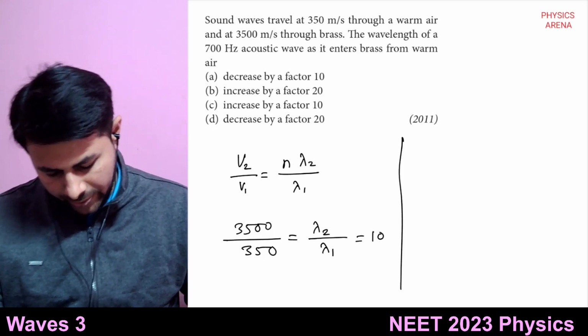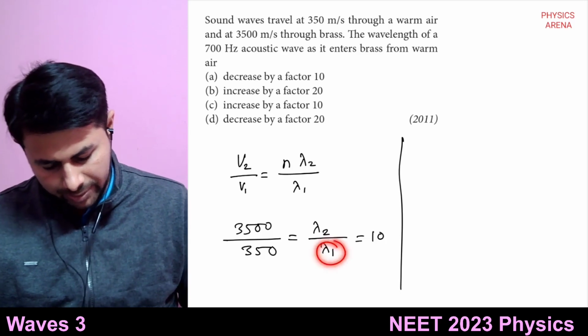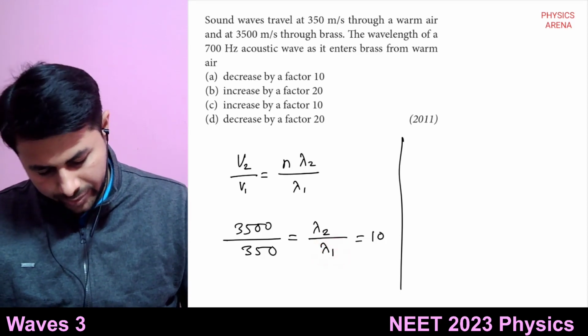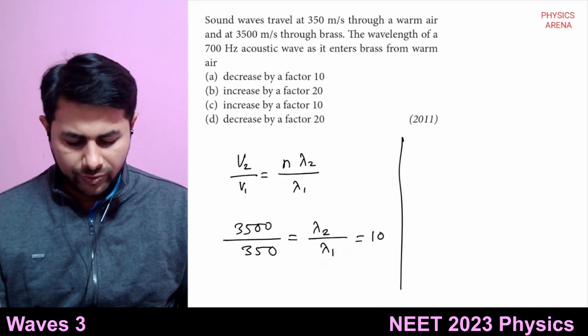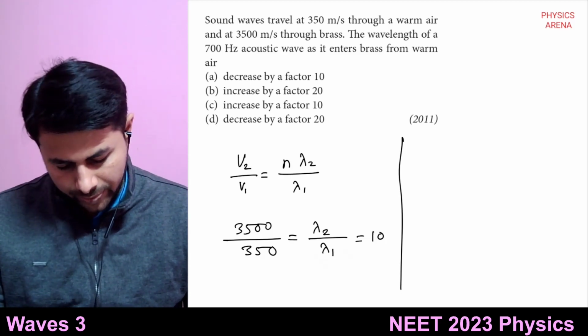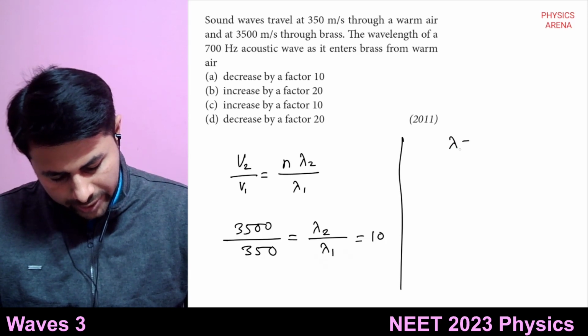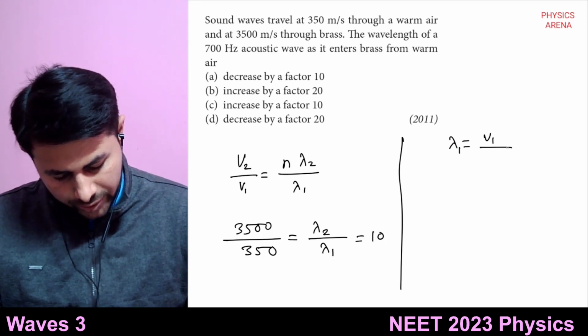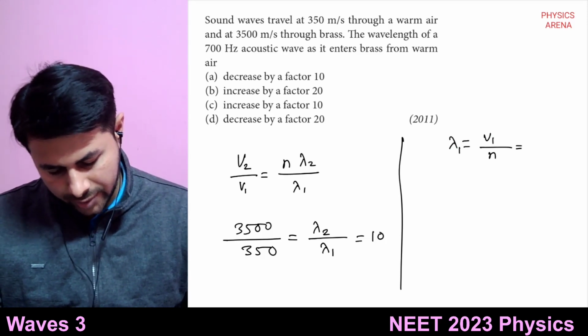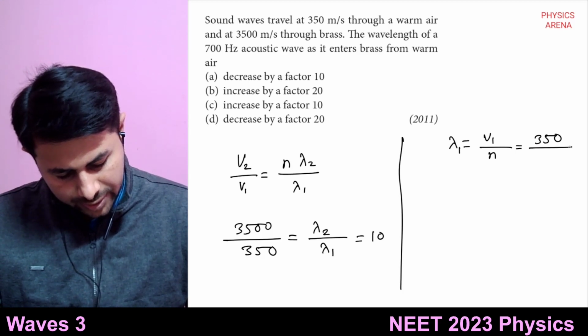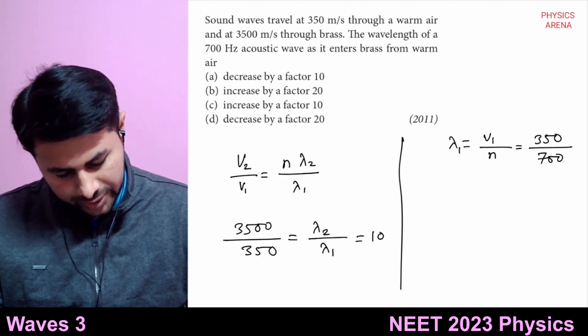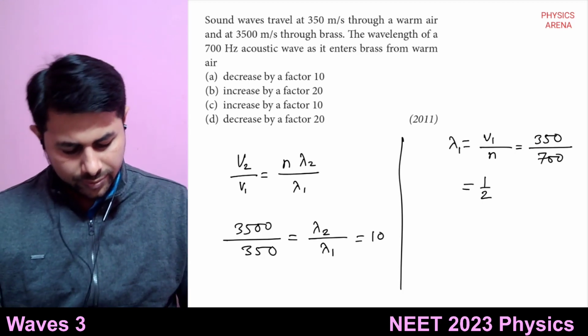And then we have to find out wavelength in the other medium. So first let's find the wavelength in the first medium. Lambda 1 is equal to V1 divided by n, so 350 divided by 700, so it's 1 by 2.